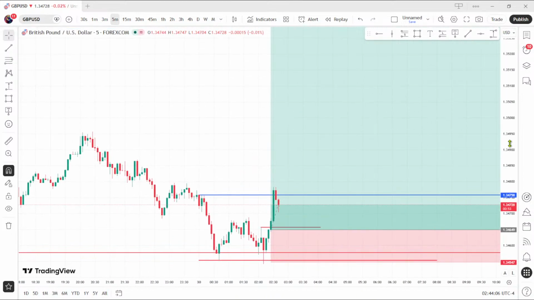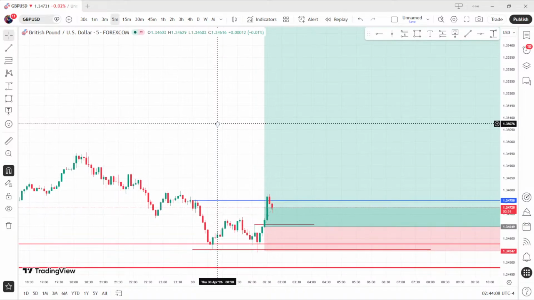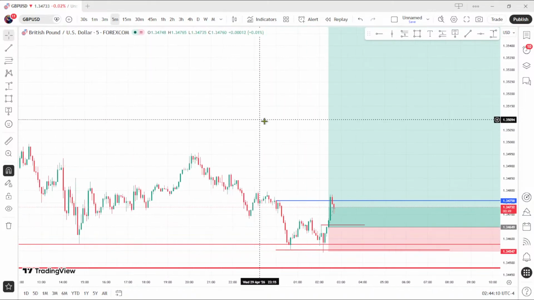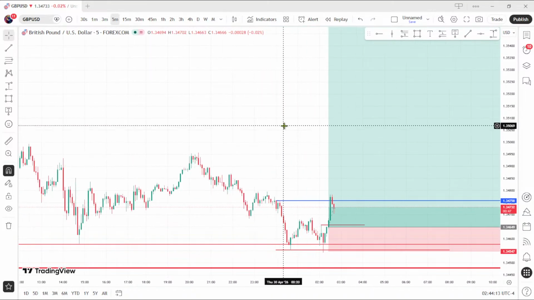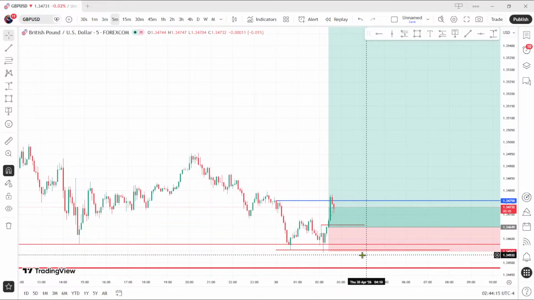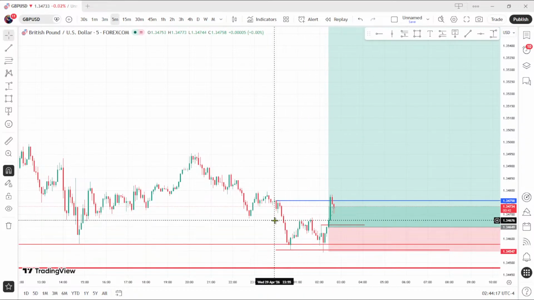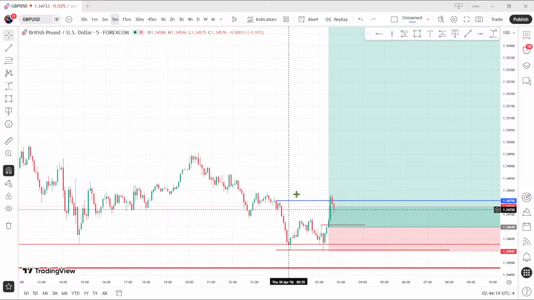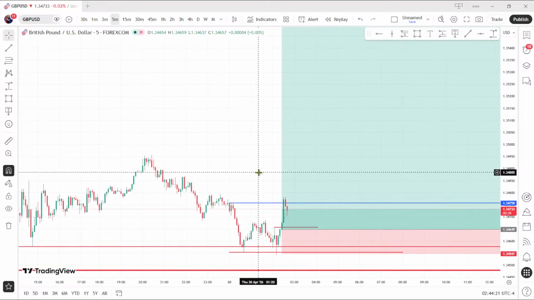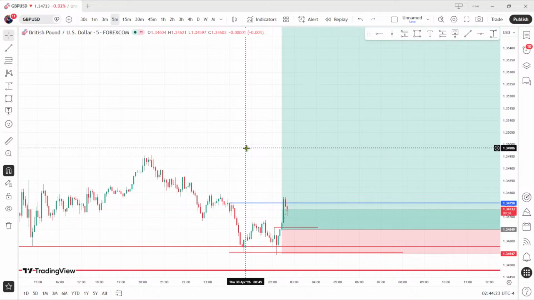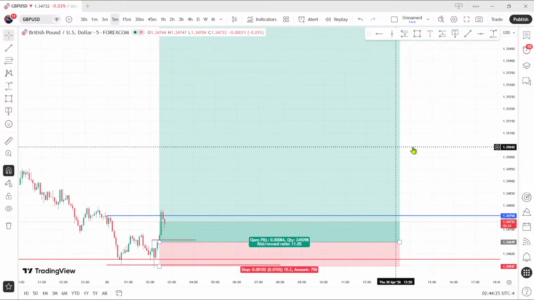I'll leave it there and come back after some minutes and see what price has done. If we take a loss, that will be the only loss for today. Let's see how price will play after the next 30 minutes. Watch and see.